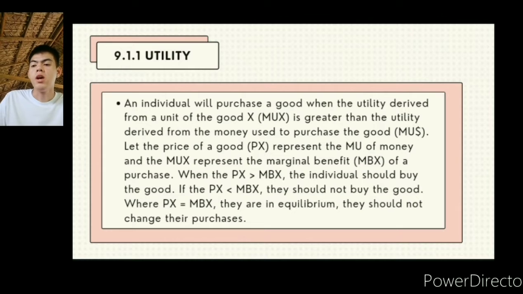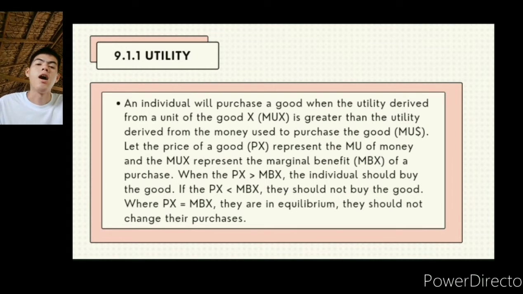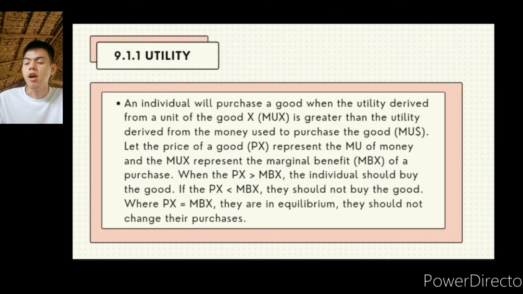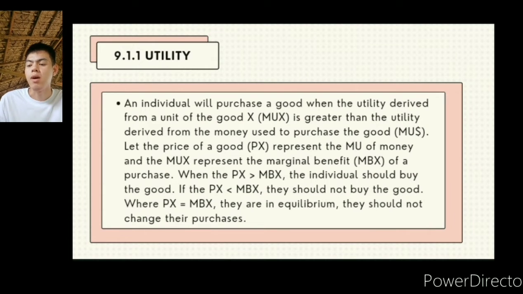An individual will buy or purchase a good when the utility derived from a unit of good X is greater than the utility from money used to purchase the good. Ang pinupoint out dito ay pag nag-purchase ka ng goods or product, dun dapat sa kauri o ka-unit ng goods na yun at mas mataas yung na-consume na utility na galing dun sa money na nagamit sa pag-purchase ng goods na yun.